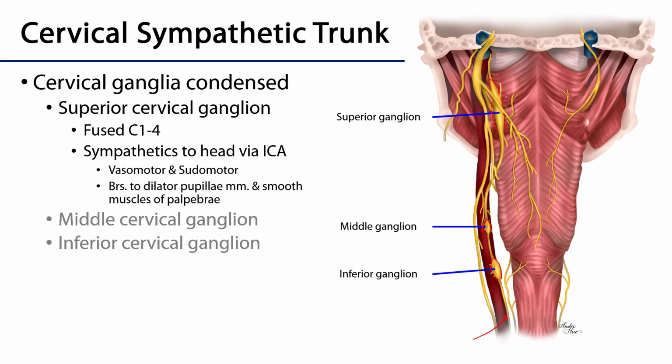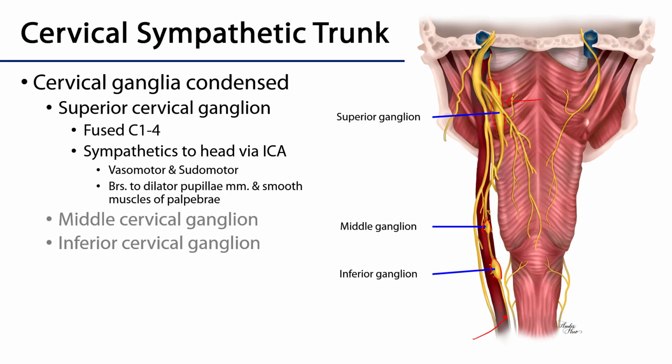Let's turn our attention to the superior cervical ganglion because this is the one which is so very important for sympathetics serving the head. The superior cervical ganglion is likely the fused ganglia of spinal levels C1 through C4.